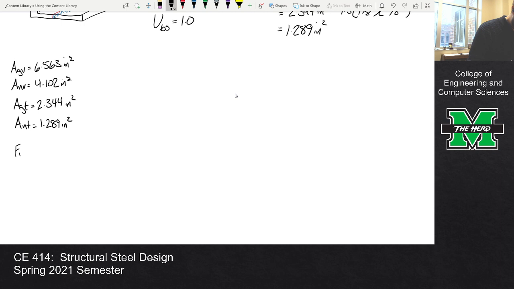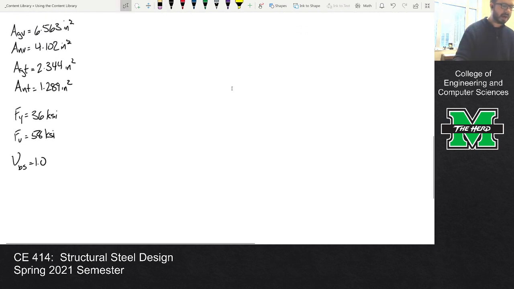We had FY is 36, FU 58. And while we're at it, UBS is 1. Okay, so these are all the inputs that go into our expression. Well, actually, one of them's not needed, but you'll see why.